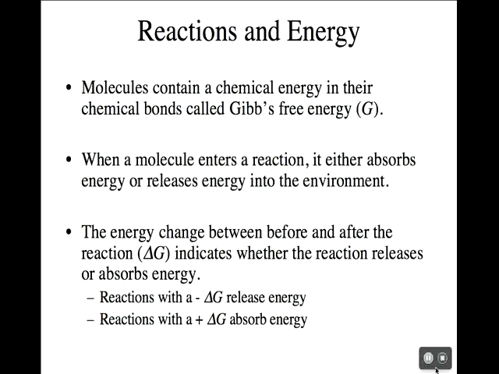And it's actually calculated by taking the G of the products and subtracting the G of the reactants. So delta G, or the change in Gibbs free energy, is the G energy of the products, subtract the G energy of the substrates, and that gives us the delta G.